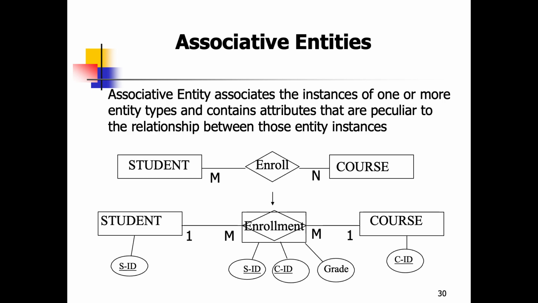If you can't think of enough attributes for that associative entity, the minimum you can draw are the primary keys or unique identifiers of the other two entities, which in this case are the student ID, which will be an attribute of this as well, and the course ID. The reason is obvious, because we want to join these tables later, right? So this way we can break this into a one-to-many relationship.